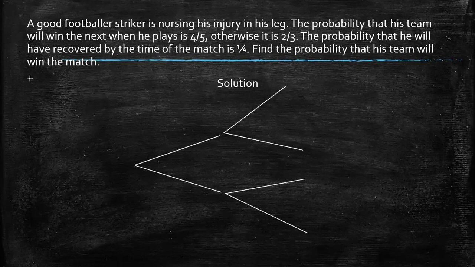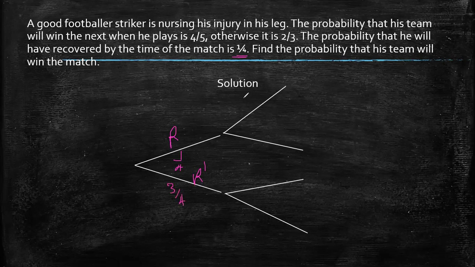So the player is nursing his leg. The probability that he will have recovered by the time of the match is 1 out of 4, so the other branch would be 3 out of 4.